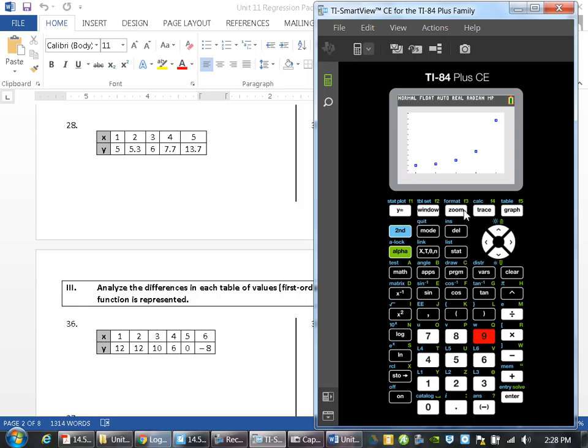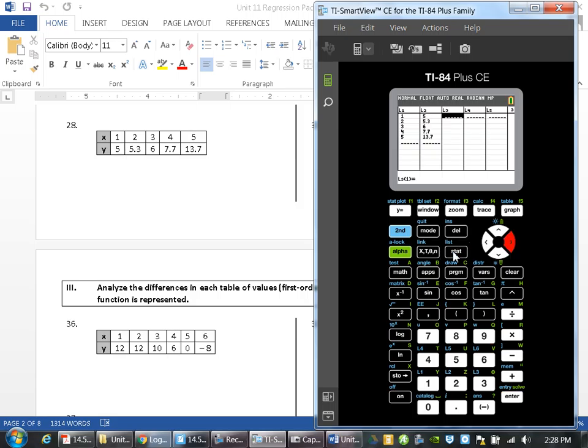What does this look like it's doing? Exponential. How could you be sure it's exponential? It's going up, increasing at a faster rate, but go back to your stat.